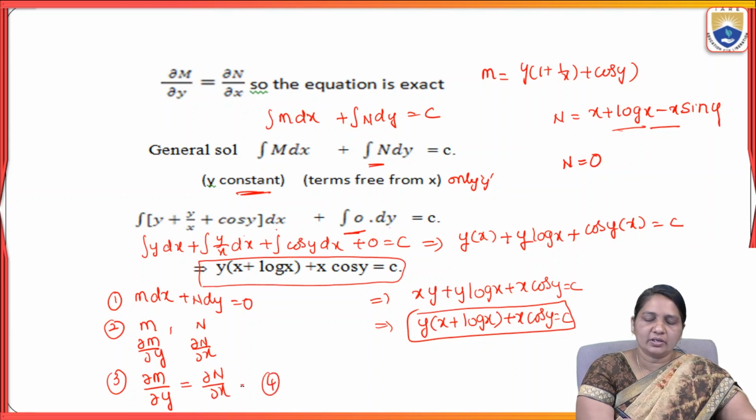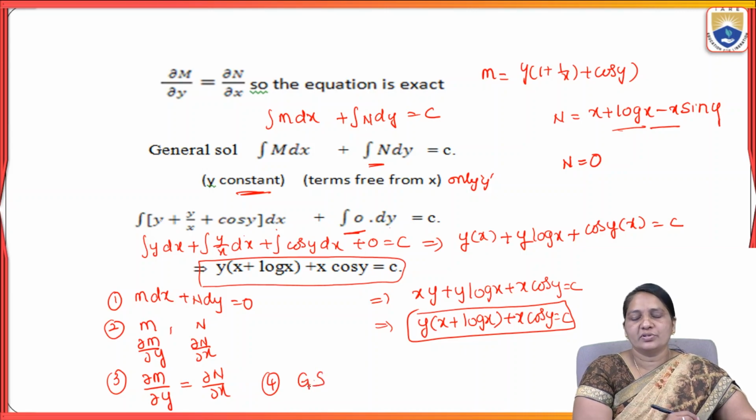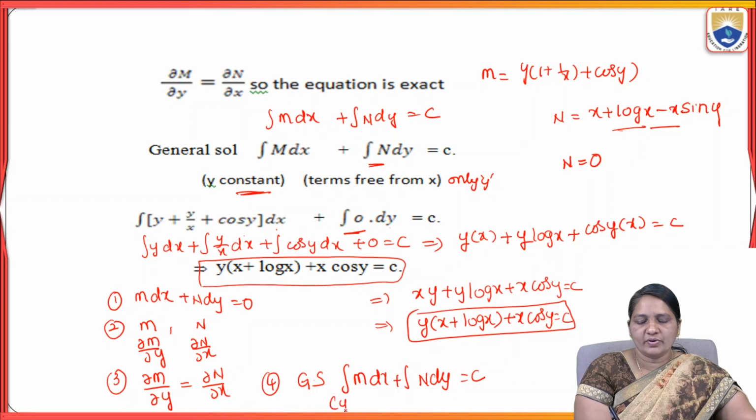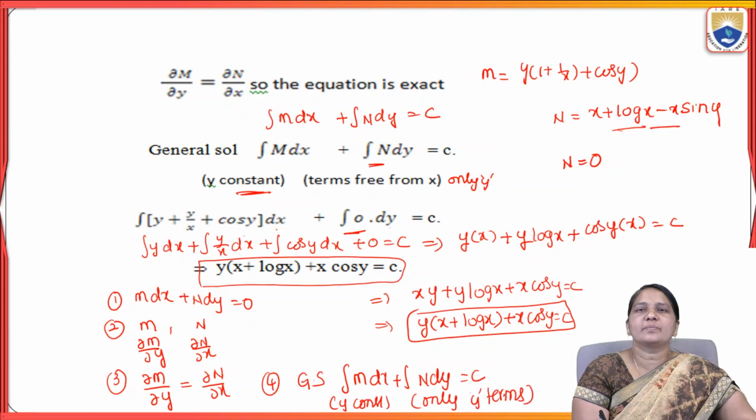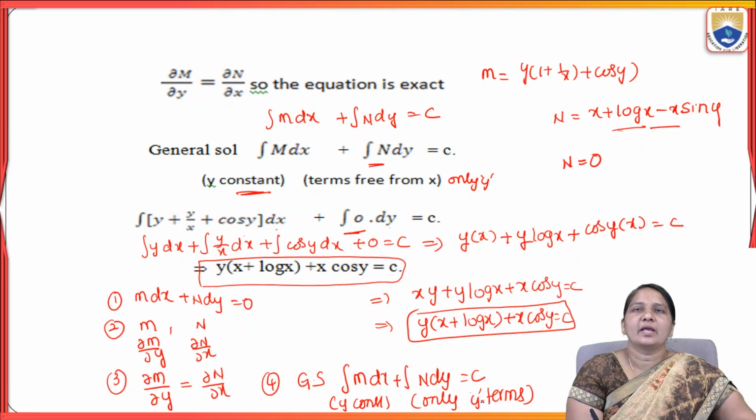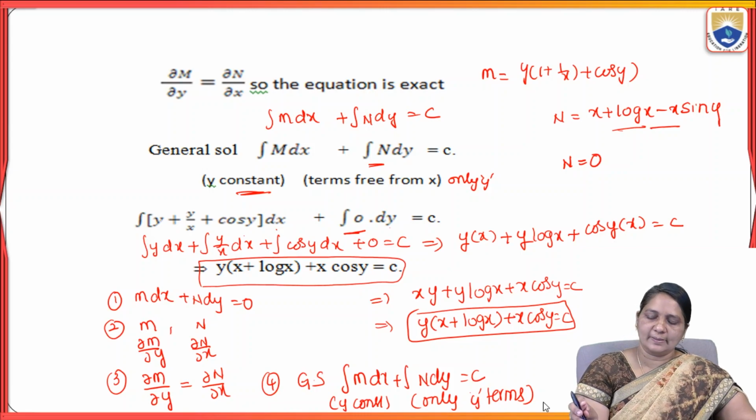Finally, we calculate the general solution, integral M dx plus integral N dy equal to c. Here y is treated as constant, and for N we take only the y terms. These are the steps we followed to solve exact differential equations.